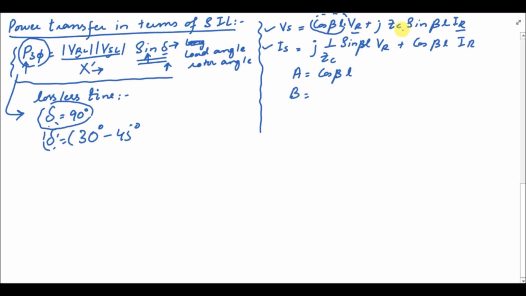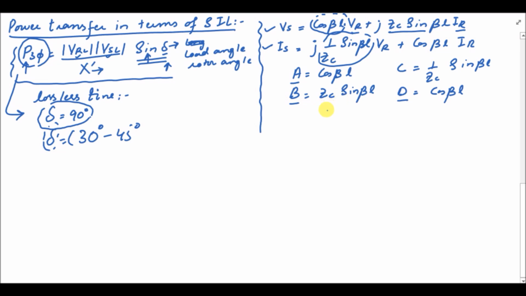Similarly, B is ZC sine beta L. C is equal to 1 over ZC sine beta L, and D is equal to cos beta L. We also know that A and D are dimensionless quantities, B is an impedance value because its unit is ohms, and C is an admittance value because its unit is Siemens.